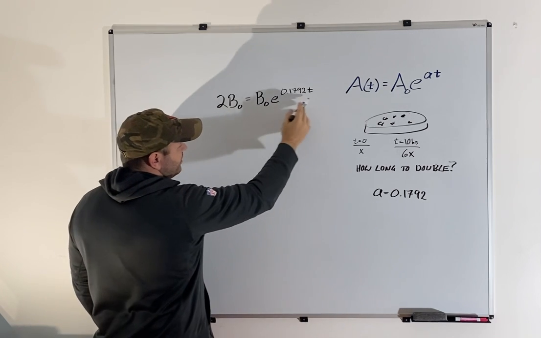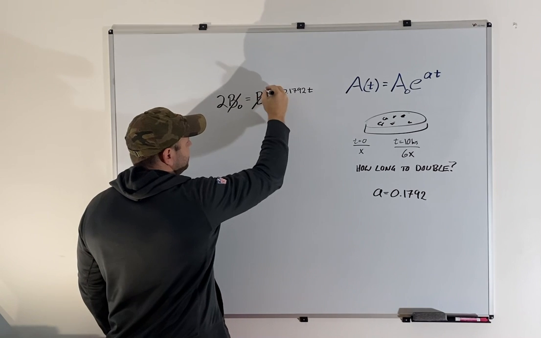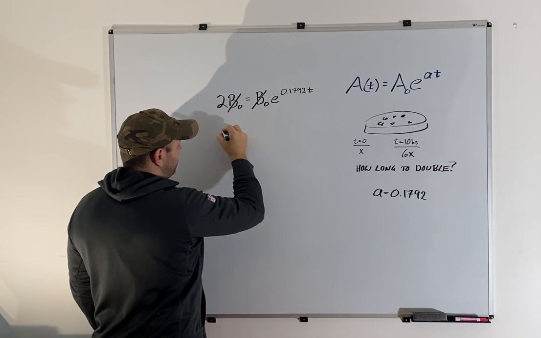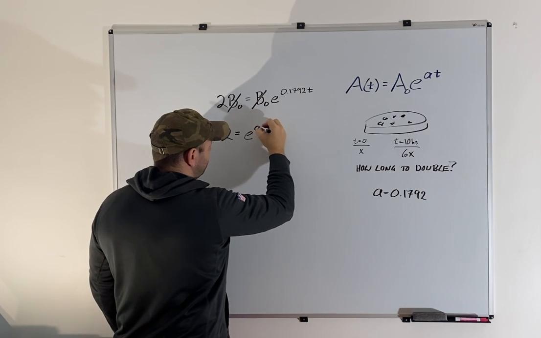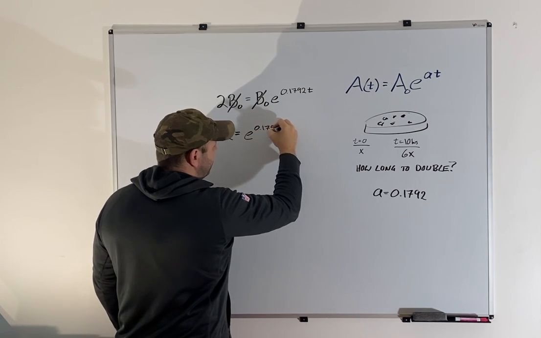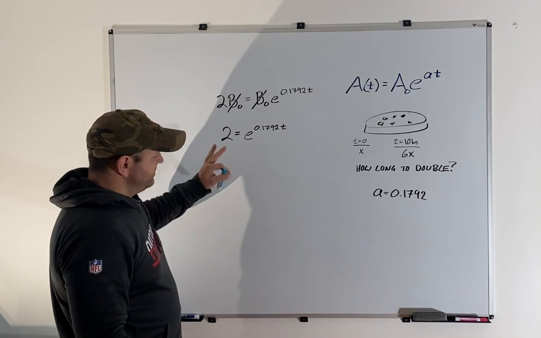So now the unknown variable in here is the time. So let's do as we did before. Goodbye to the B's. We're going to have 2 equal to e to the 0.1792 T. Same trick as before.